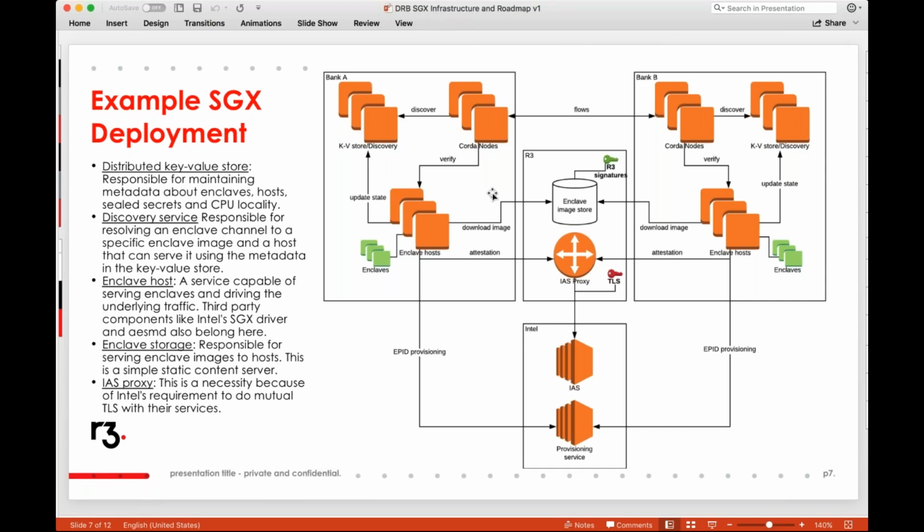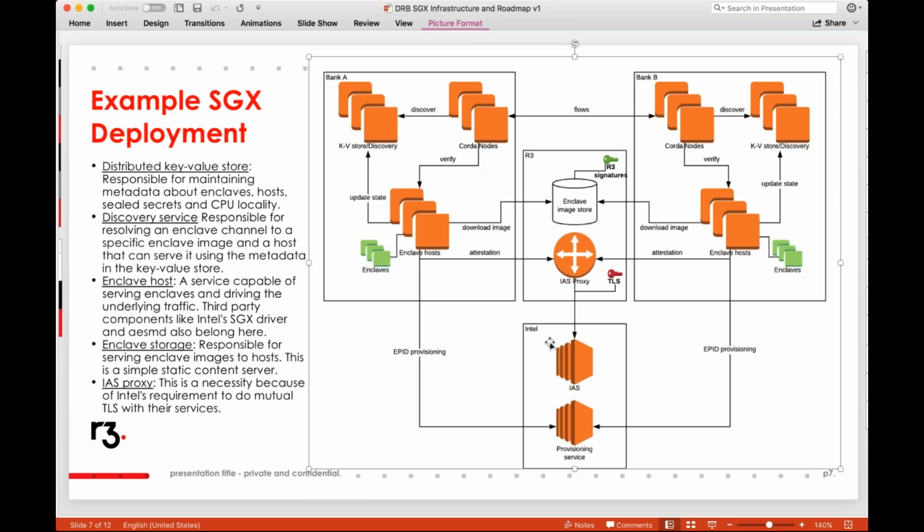In this example, R3 would own the enclave image store, which is just a static enclave image server with R3 signatures over the enclaves. And we would also host the IAS proxy, the Intel Attestation Service proxy, which proxies through to the Intel Attestation Service hosted by Intel.